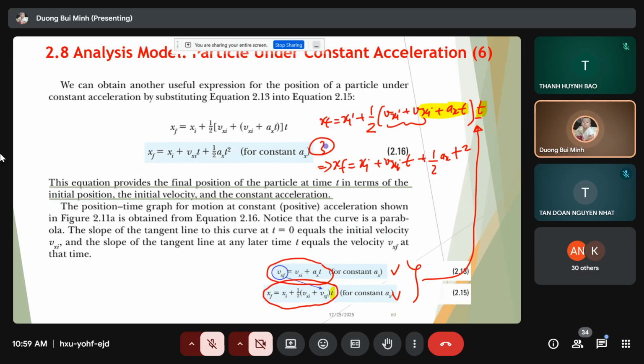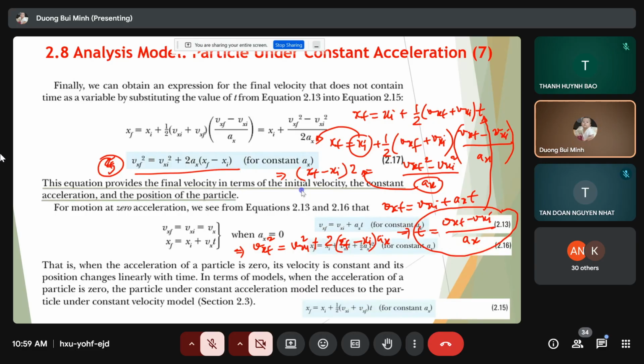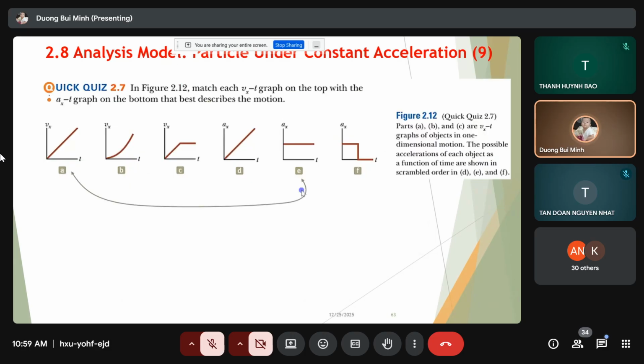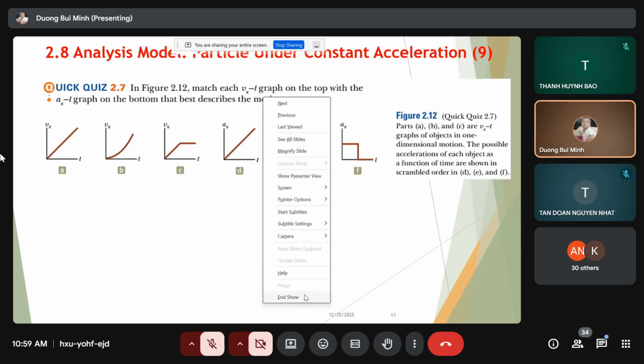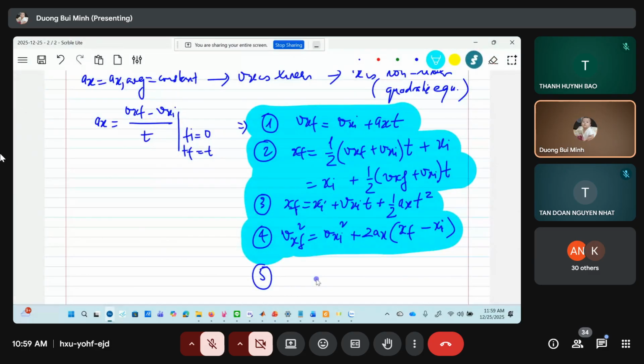Oh, this is 4, sorry. This one is 4, and this one is 5. That's all.